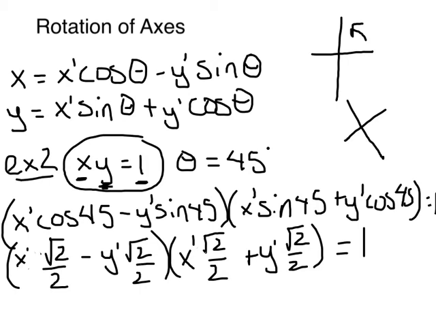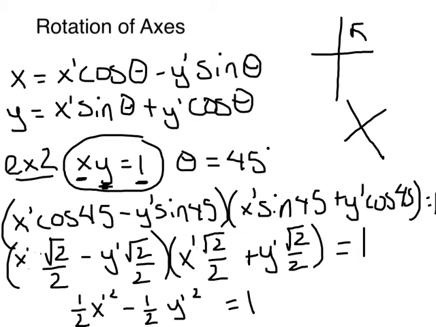So rad 2 over 2 squared becomes 2 over 4, or simply 1/2. x prime squared is x prime squared, making sure that doesn't look like x to the 12th. It is very difficult to write with the stylus. And then minus the second term squared. So that's also going to be 1/2 y prime squared equals 1.